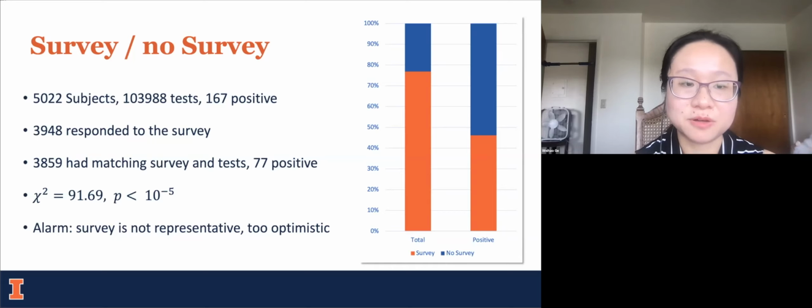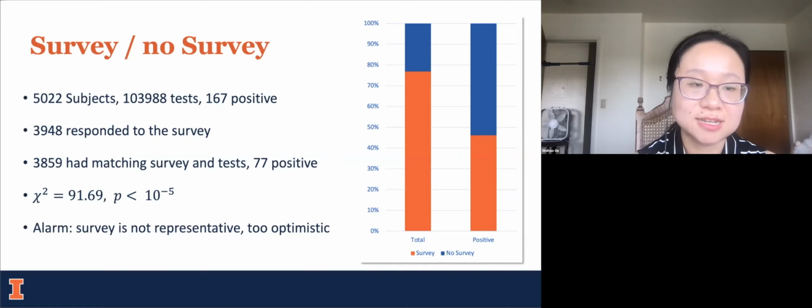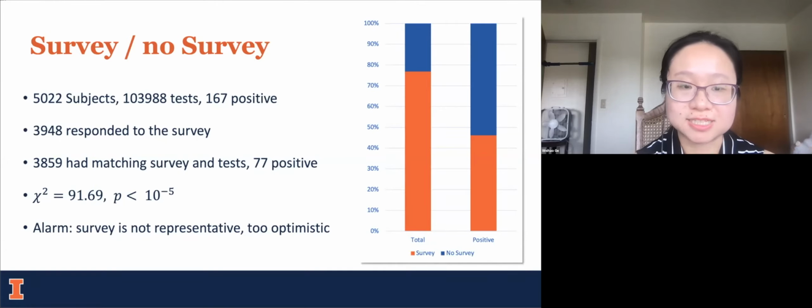So among the people who have matching survey and tests, we have 77 positive people out of 3,859 people. We found a very significant p-value showing that the survey with the research consent is not representative, that it's too optimistic: the people who answered the survey and gave the research consent are less likely to be positive.